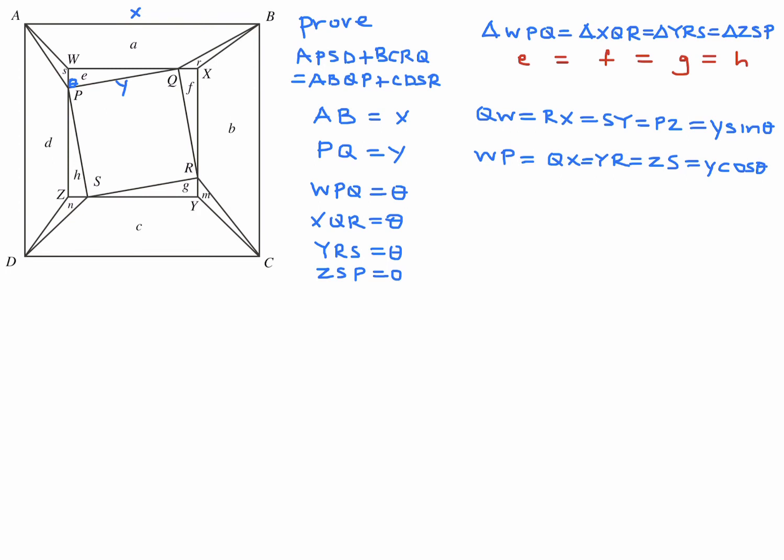Now if you combine these, you'll notice something. For example, WP is right here, right? It's from here to here. But if you keep adding it to, say, PZ, from there to there, that will equal all the way the whole side, WZ. So those two, for example, combine to WZ. And they're equal.